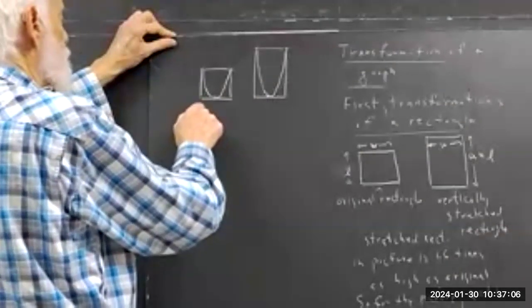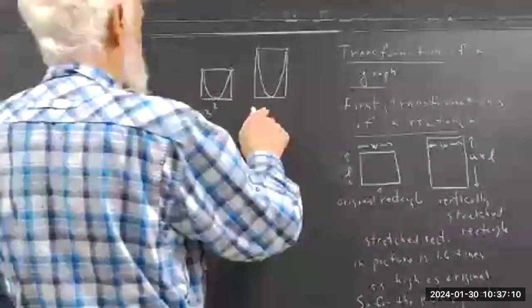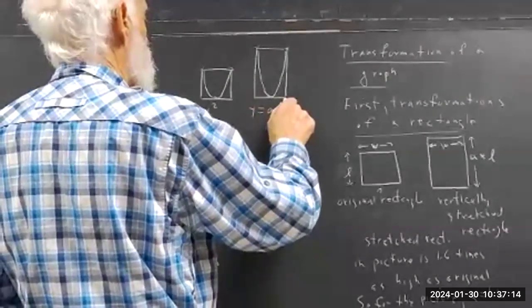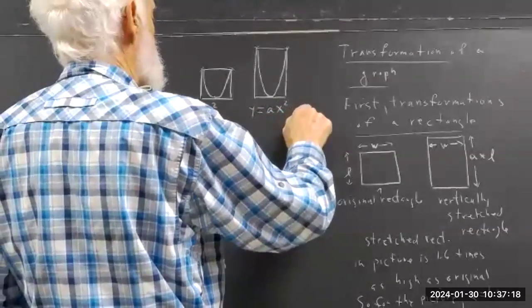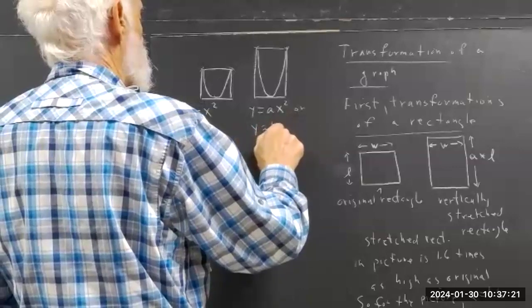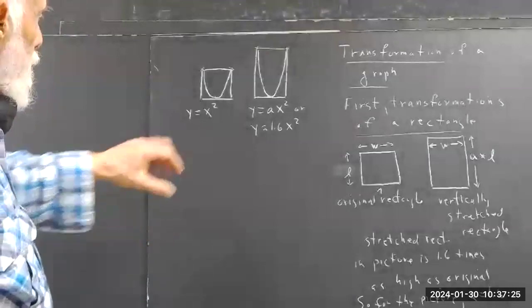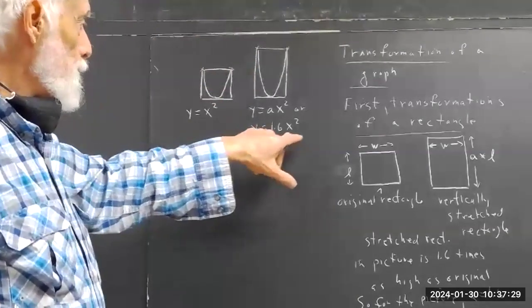Now, if this parabola is y equals x squared, then this parabola is a x squared, and if this is 1.6 times the size of this, y equals 1.6 x squared.